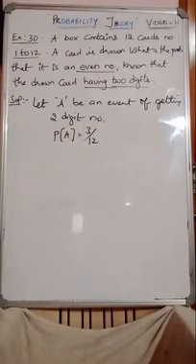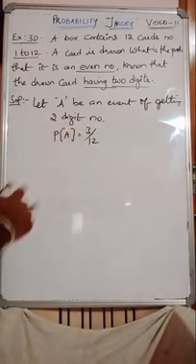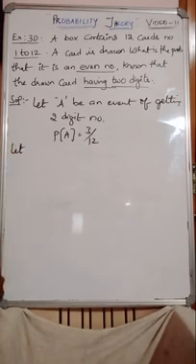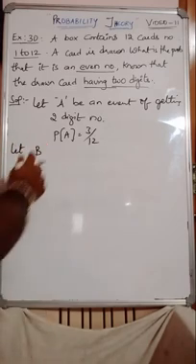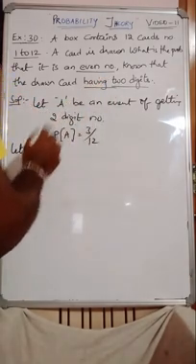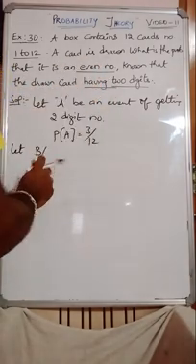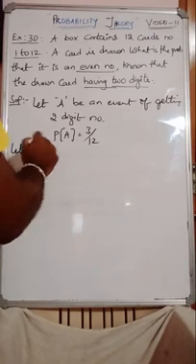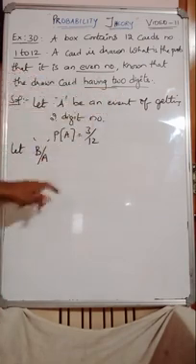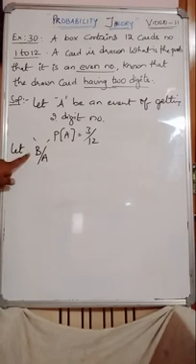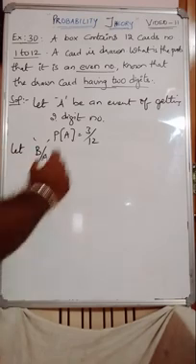So from 1 to 12, 2-digit numbers were 10, 11 and 12. So 3 by 12. Next, let B, the even number, be known that A. So A, what we have taken? Getting 2-digit. So 2-digit is already known. So in the denominator is A. So B has to be calculated, getting even.